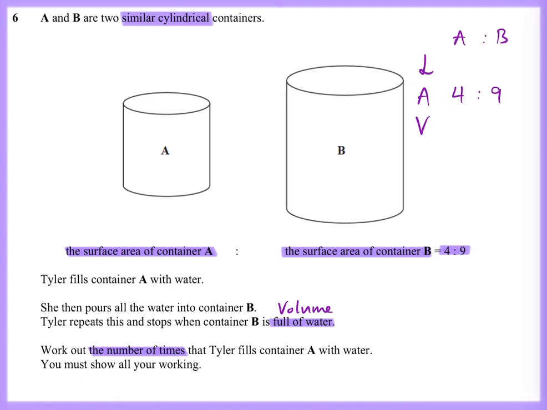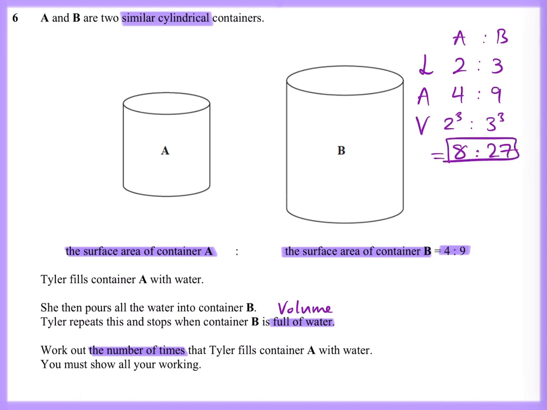Square rooting 4, you get 2. Square rooting 9, you get 3. So then these will be 2 cubed to 3 cubed, which is 8 to 27. This is my volume ratio.